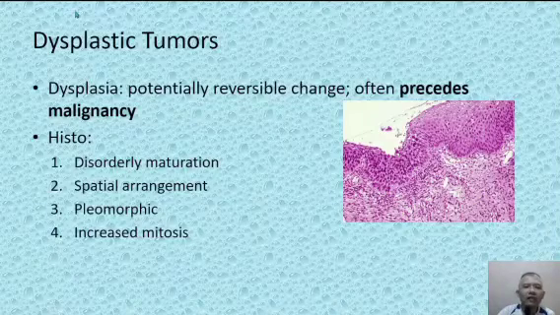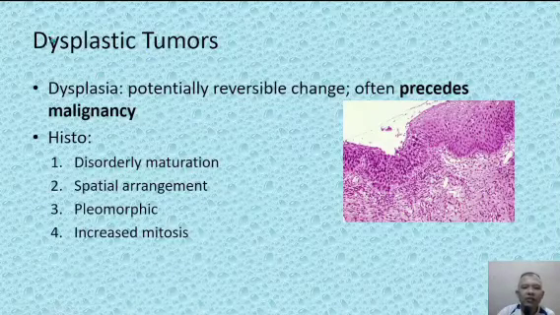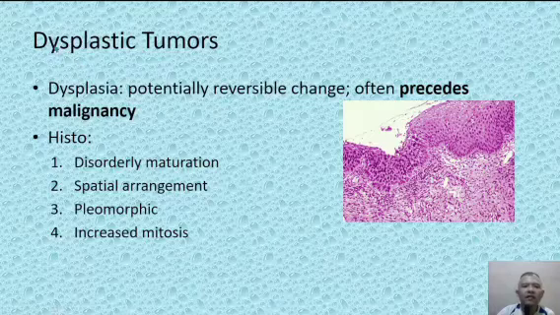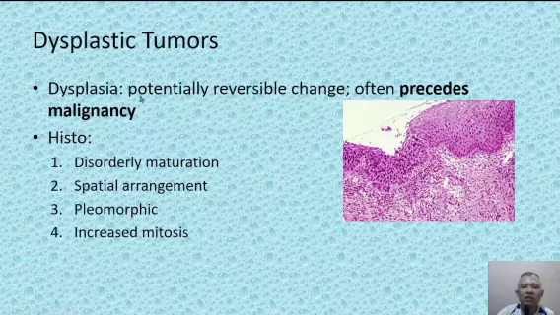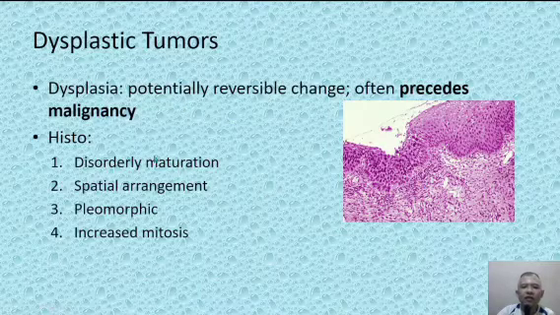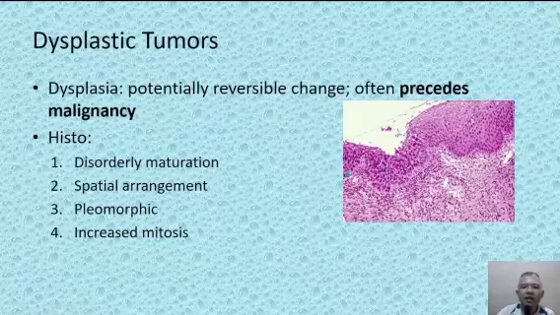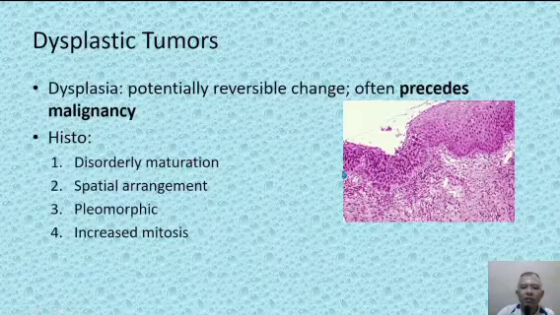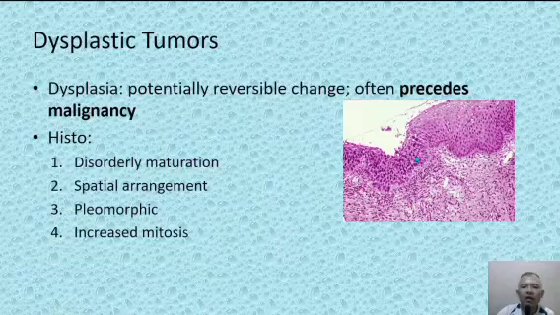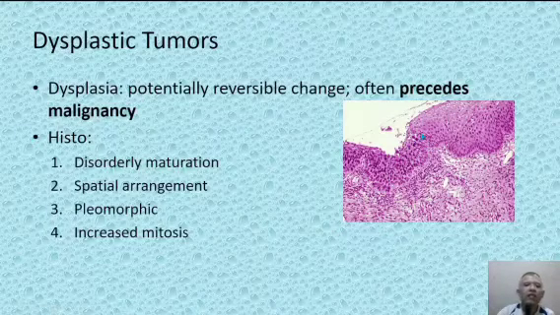So we have another classification before we go to malignant. Dysplastic tumors. These are pre-malignant lesions. So why is it so? It is because there are layers in the tumor that are already abnormal, yet there are also layers that are still normal.